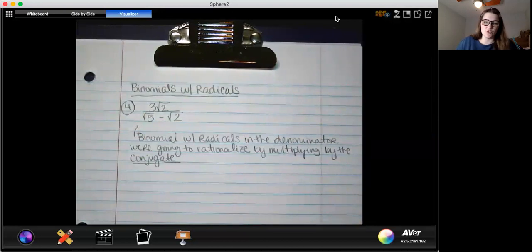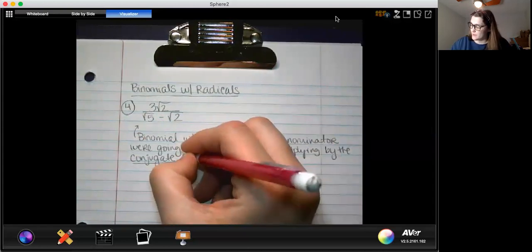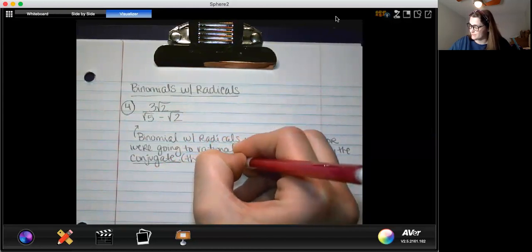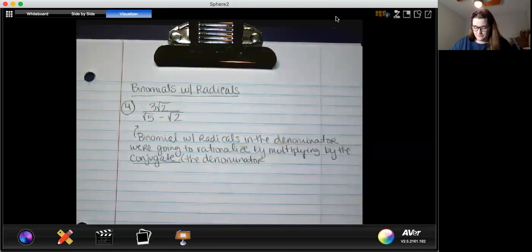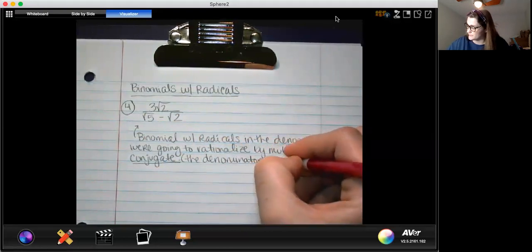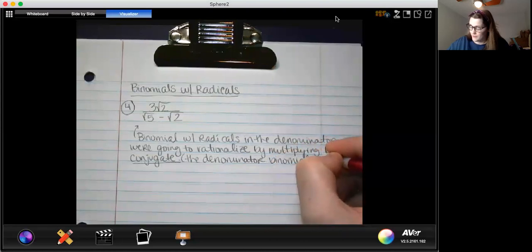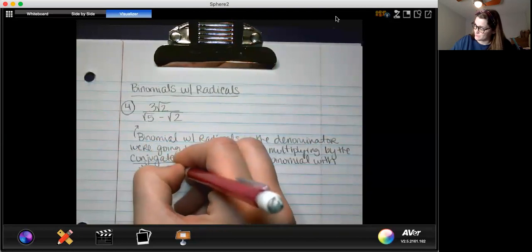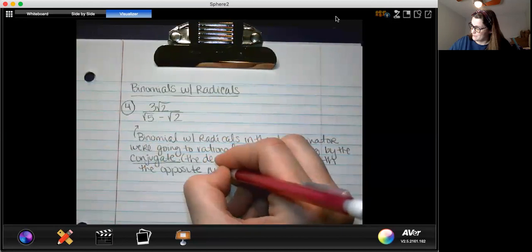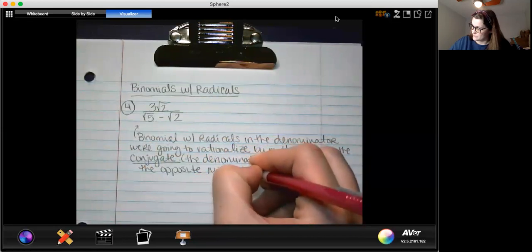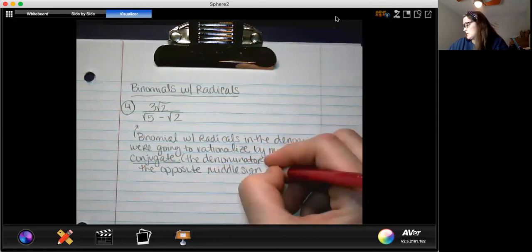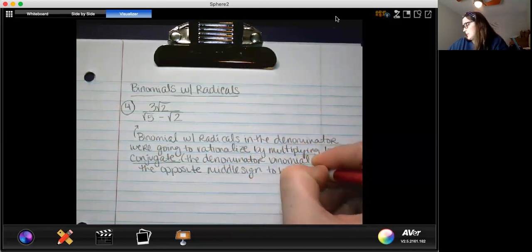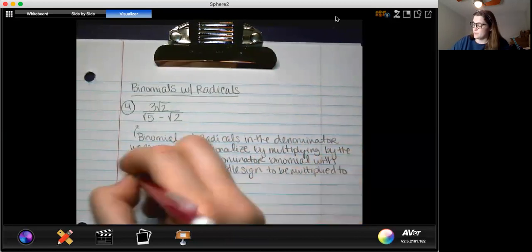We're going to multiply by the conjugate. Okay. Now, what is the conjugate? Well, it is the denominator binomial with the opposite middle sign to be multiplied to top and bottom.